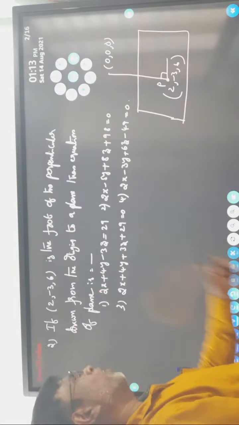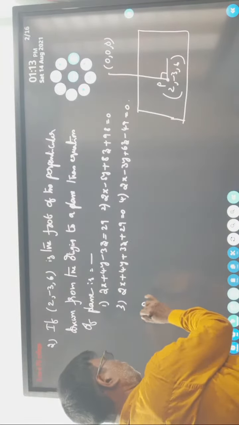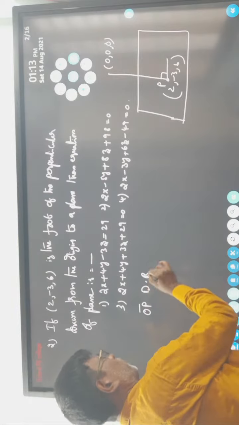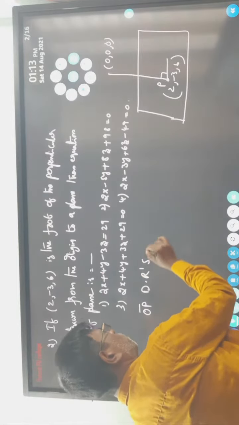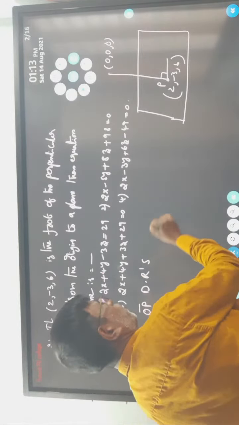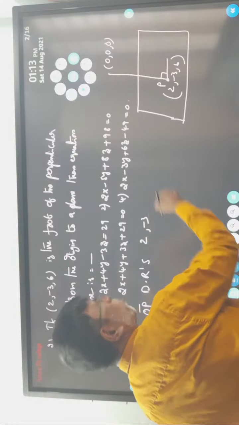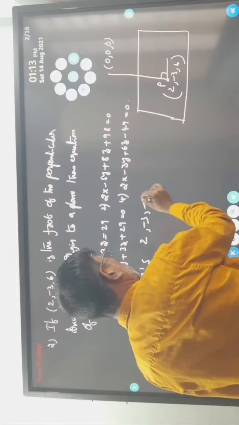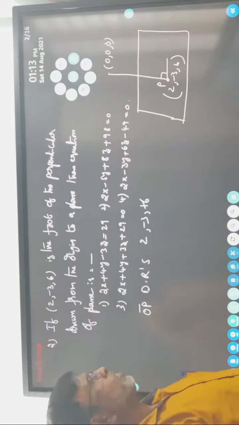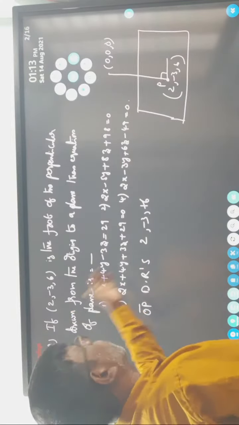Now first find out the OB DRs. OB DRs means normal DRs. The DRs are 2 minus 0, minus 3 minus 0, that is plus 6. Now we take the formula. The normal DRs we know.